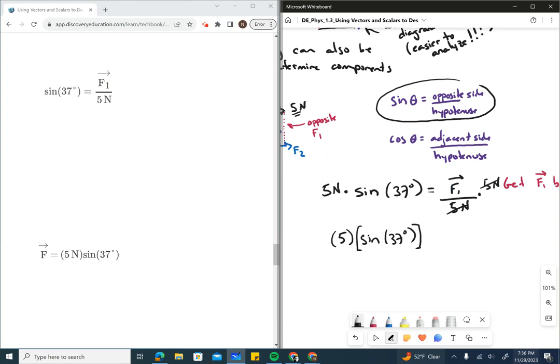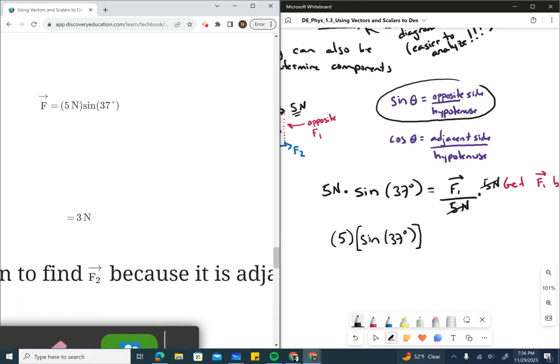You just multiply that together. I don't have my calculator handy, but you would get an amount of 3 newtons. And so you would not have to use a ruler. You could just simply use some trigonometry and figure out these resultant angles.